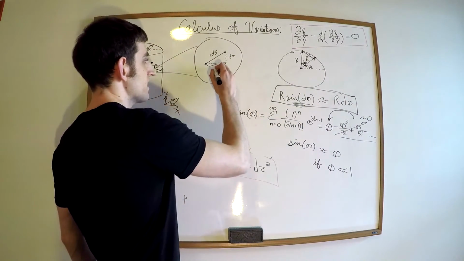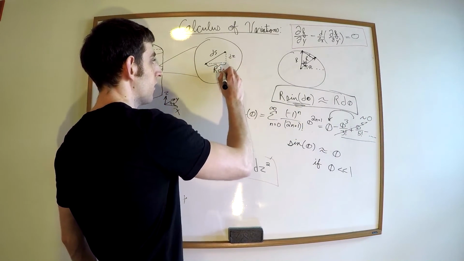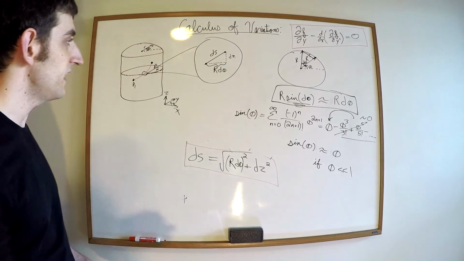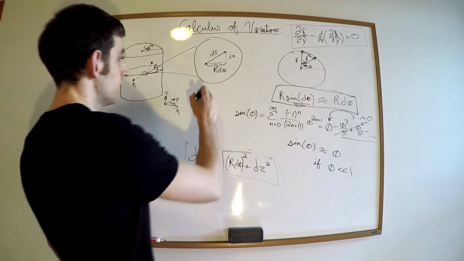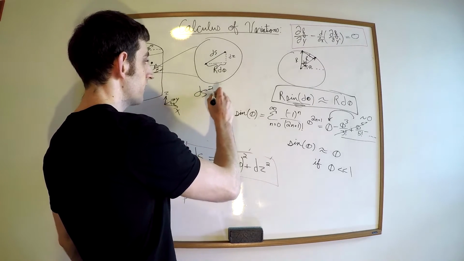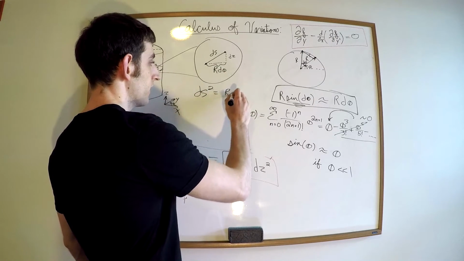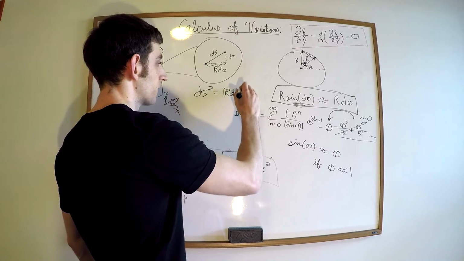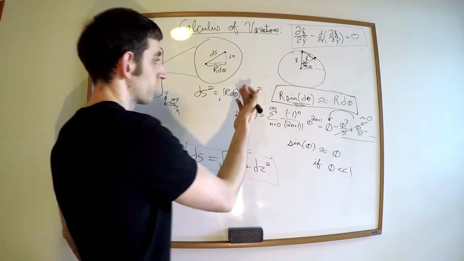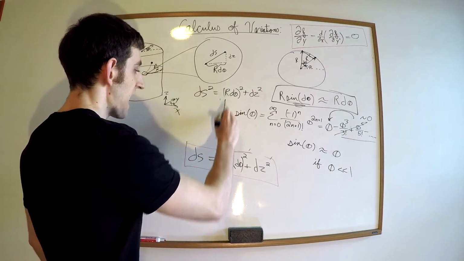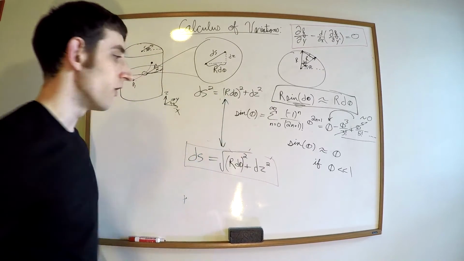So what we can say is this distance is going to be r d theta, and what we see is that when we take the Pythagorean theorem here, ds squared is equal to this guy squared plus dz squared. What happens? Bam! We get the same result, okay?